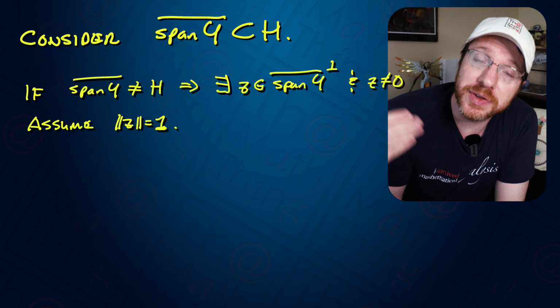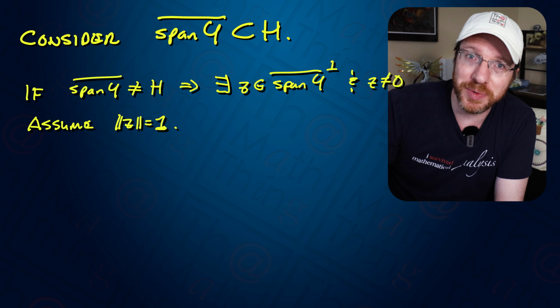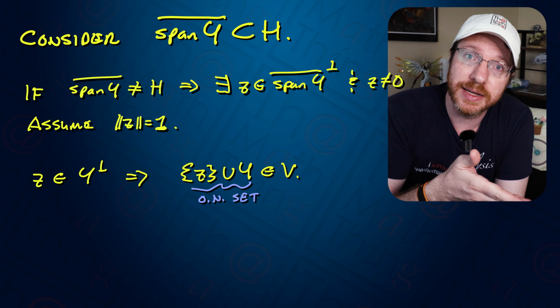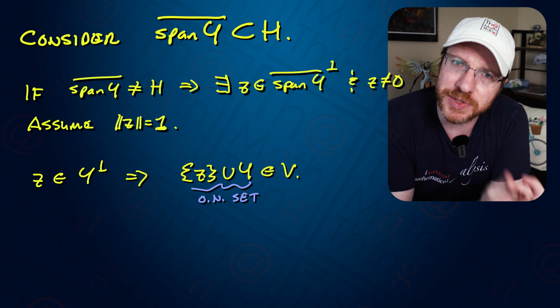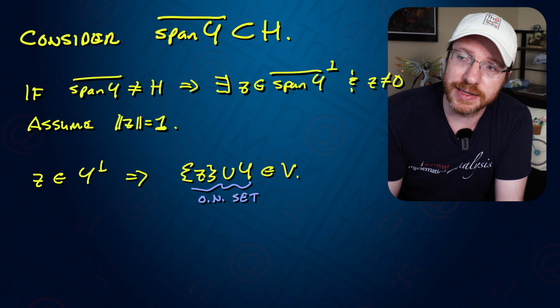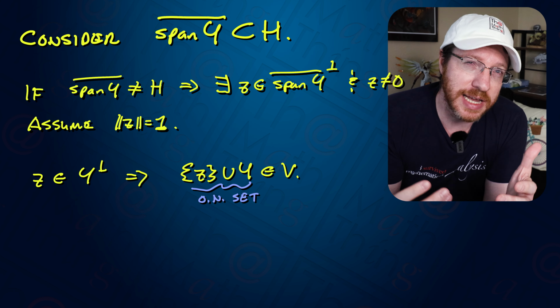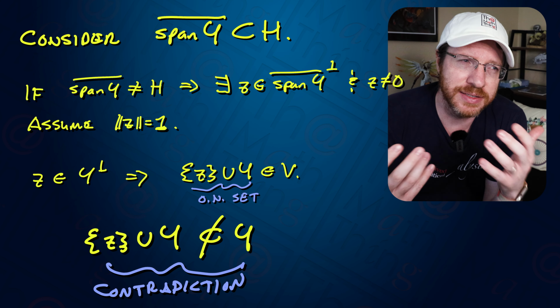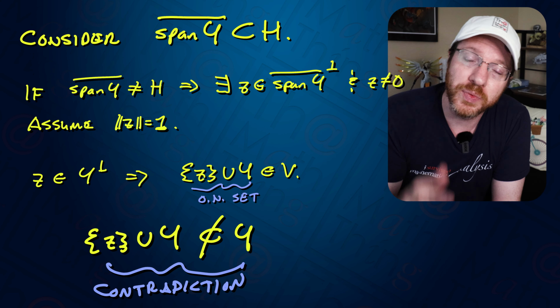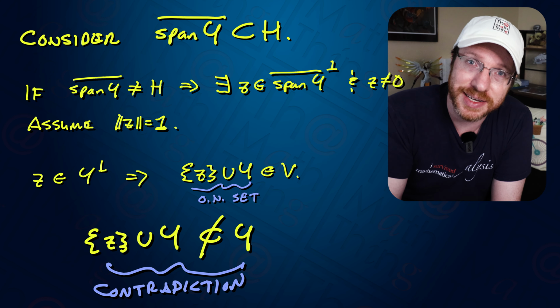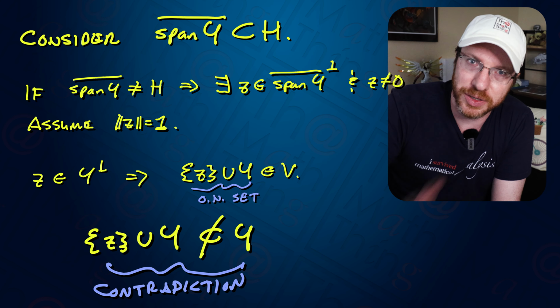Then we can normalize it, and it's orthogonal to everything inside of that maximal set. If we add that element to the maximal set, we have a larger set than the maximal set, which is a contradiction. So the span of our maximal orthonormal set must be the entire Hilbert space.